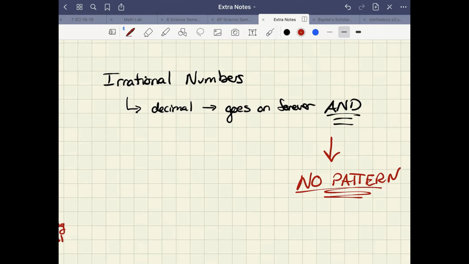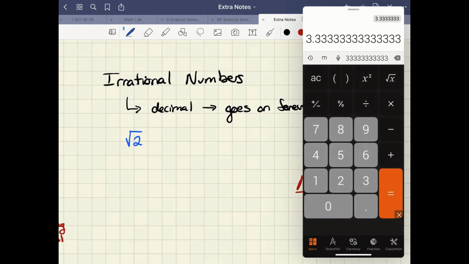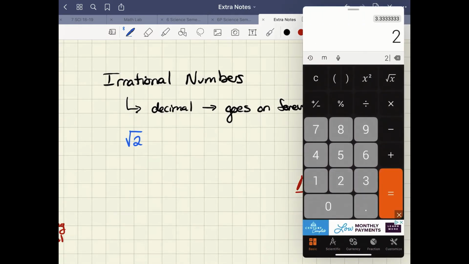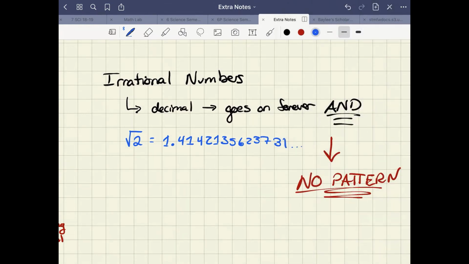Some great examples of irrational numbers include the following. The square root of 2. You might be thinking, well, Mr. Bornheimer, that's not a decimal. But if you take the square root of 2, notice that it's 1.4141235623731. And if I were to keep going, there's nothing here that repeats.